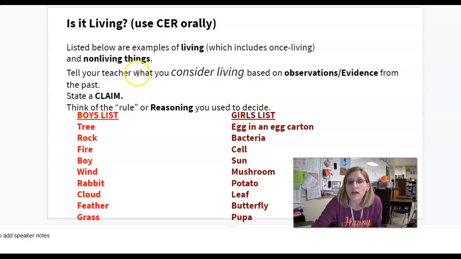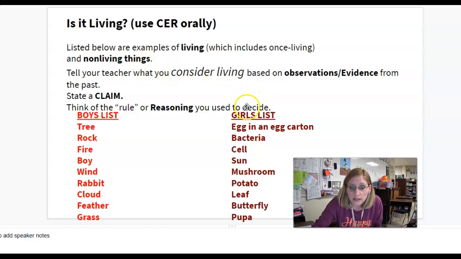A rock has a cycle, but it's non-living because it doesn't have a living cycle. Water, the same thing. It has a cycle, but it doesn't have a living cycle. So that's what makes it non-living.